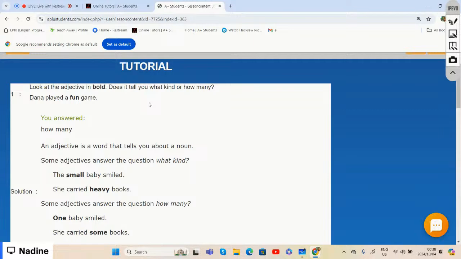All right. If we look at the sentence, we are going to say if it tells us what kind or if it tells us how many. It says Dana played a fun game. Does it tell us what kind or how many?